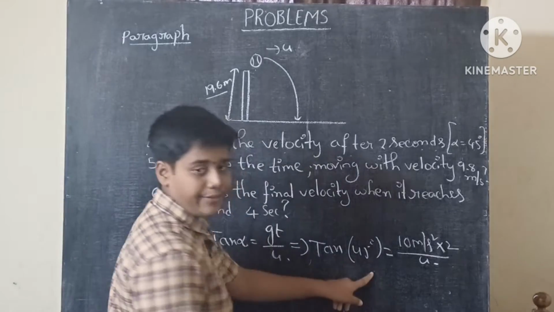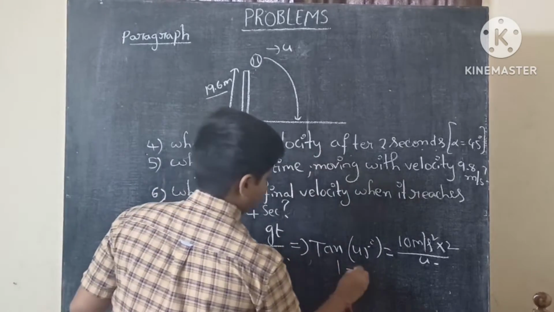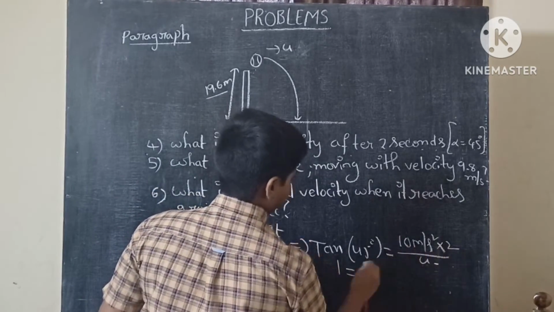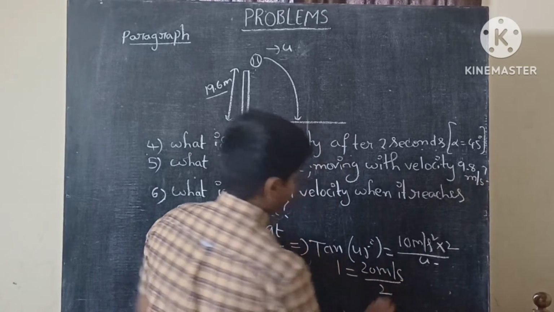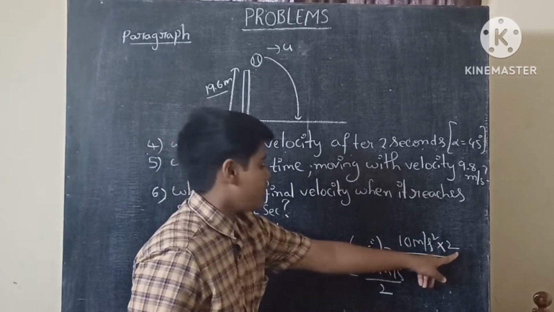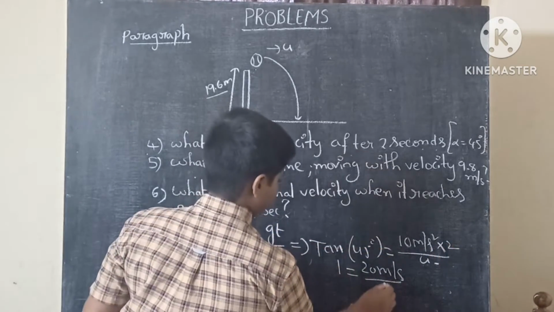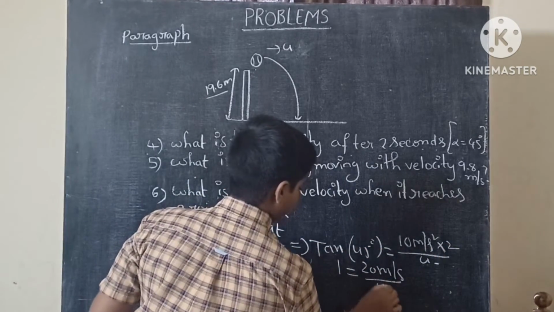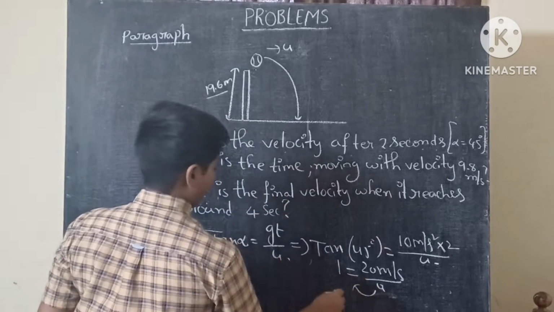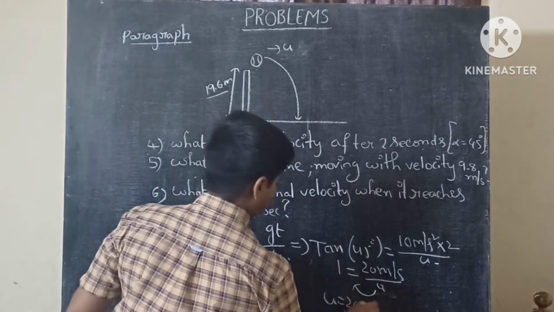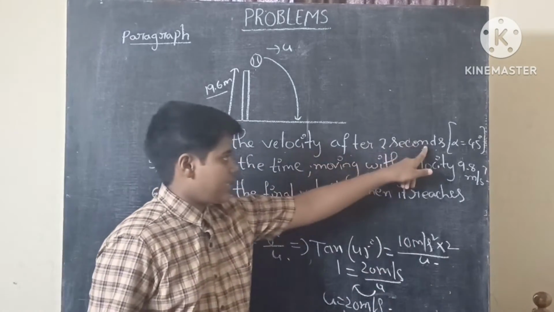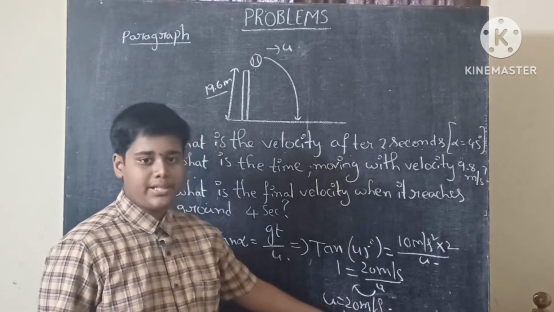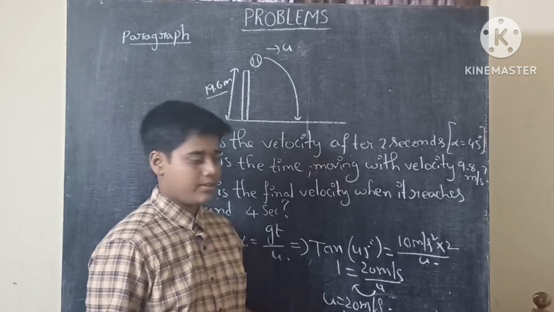So tan 45 means 1 equals 10 into 2, 20 meter per second by u, because here 2 seconds, so 1 second gets cancelled. So this is u. If I transfer this u to this side, u equals 20 meter per second. So after 2 seconds, the velocity is 20 meter per second. Okay, so this is the first question.